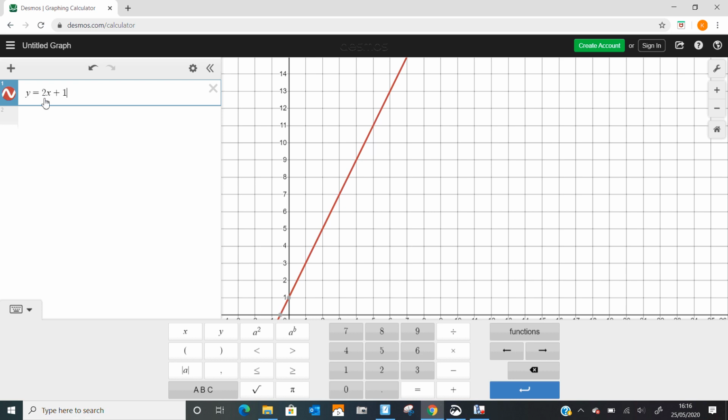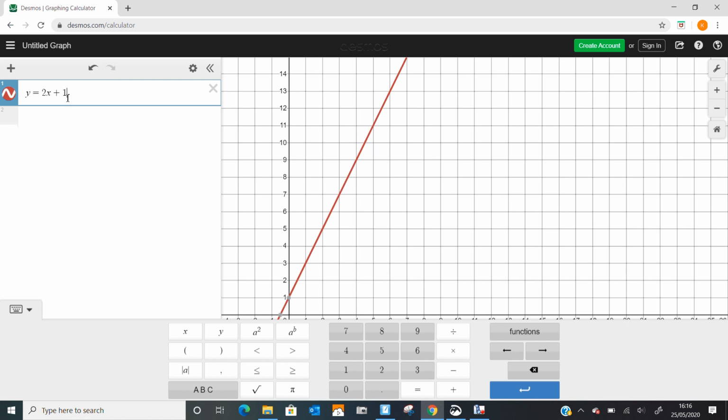That's the gradient of 2 that we can see on the left-hand side. The c value is the value that we've got here, which is 1, and that 1 is where we cut through the y-axis.